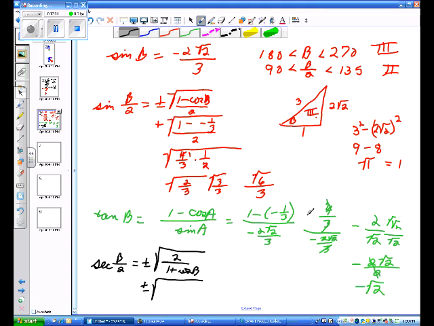Oh, the plus or minus. Let's see, which one would that be? Half of beta is in quadrant 2. Secant's the reciprocal of cosine, and in quadrant 2, cosine is negative. So it's then going to be the negative.